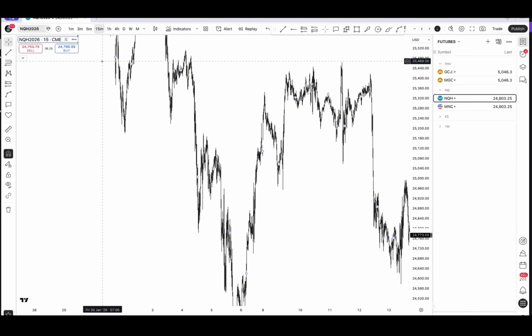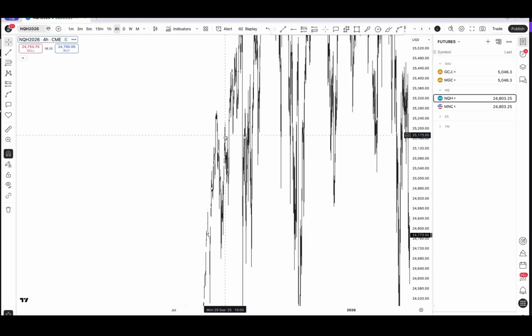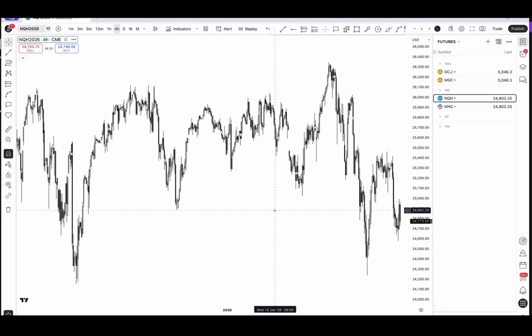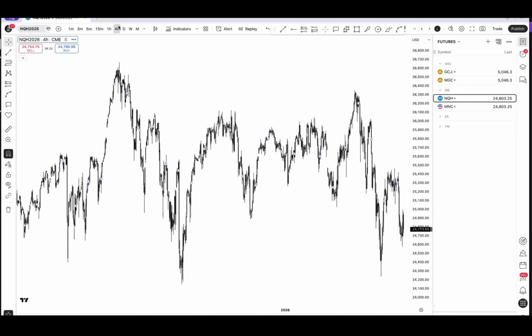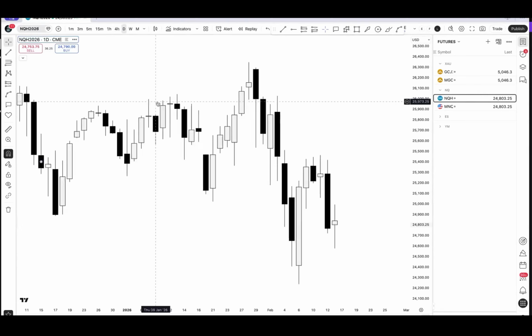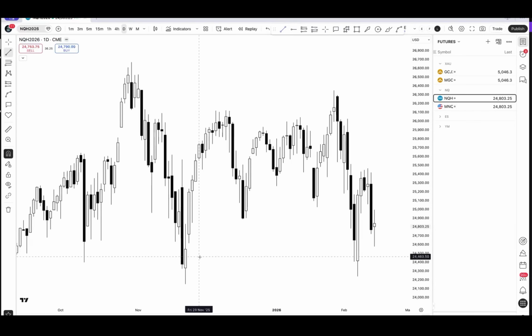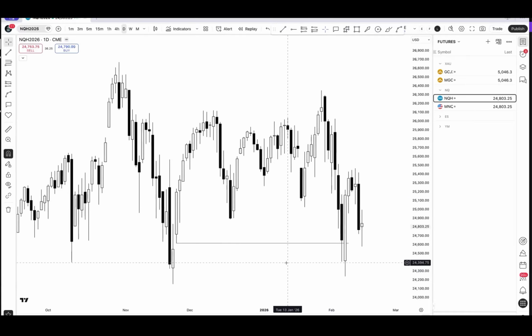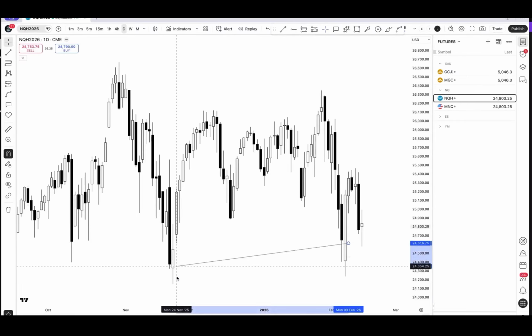NQ was pretty interesting. So, as you know, on the higher time frame, let's look at this. As you know, we've traded into this extreme. So now we're bound to have some sort of reaction. So we still want to see price to the downside.